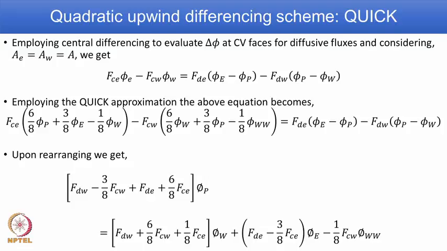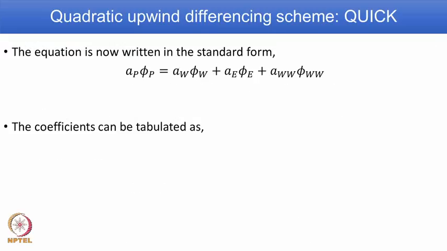Now, when you do that, you get a system of linear equations, then you set up a matrix and invert, and you get the solution. So, as we did in the case of the diffusion equation, this equation is also now written in the standard form as shown here. AP phi P equals AW phi W plus AE phi E plus AWW phi WW.